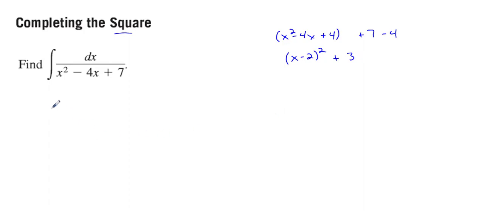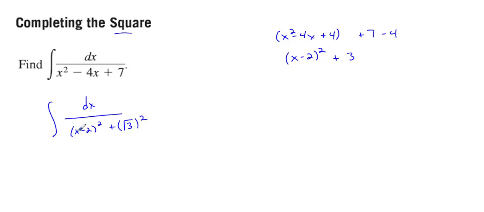So that's our integral, dx over x minus 2 quantity squared plus, instead of 3, I'm going to write square root of 3 squared, because my a term is square root of 3.